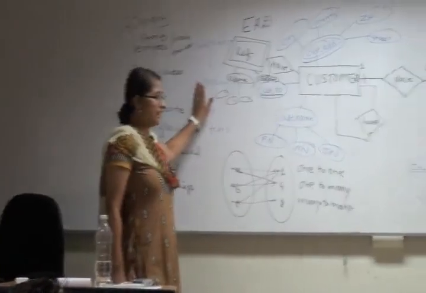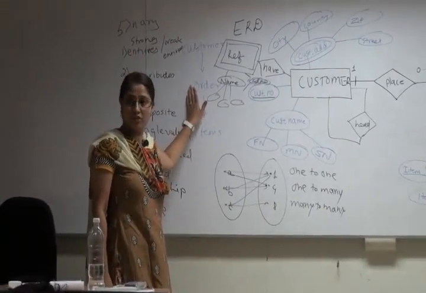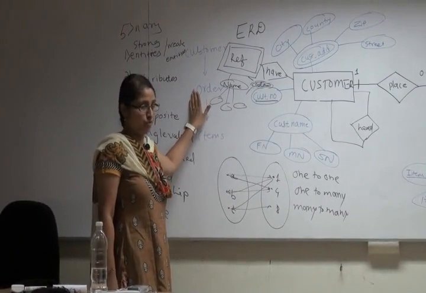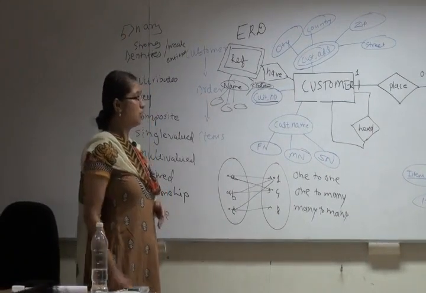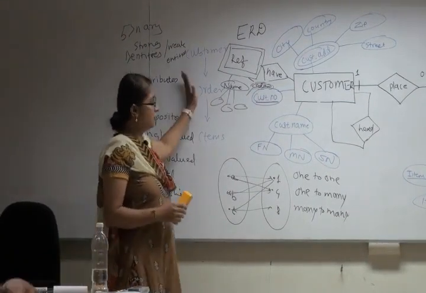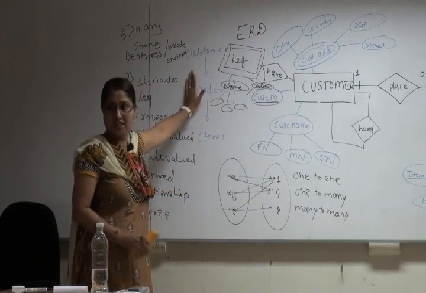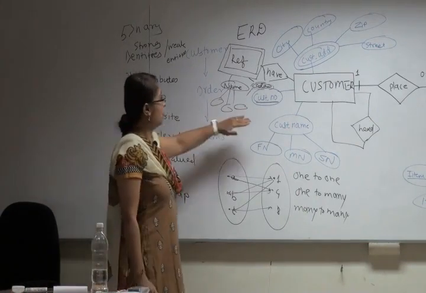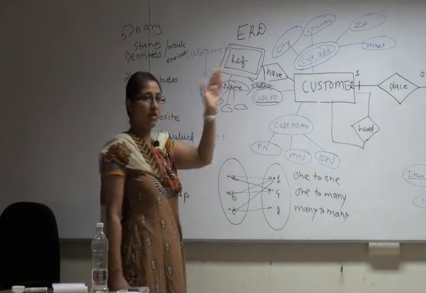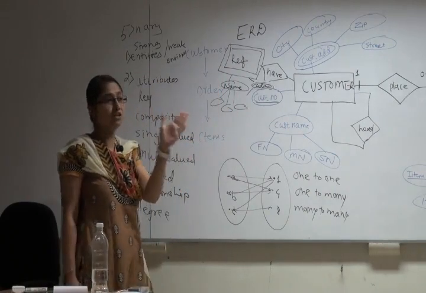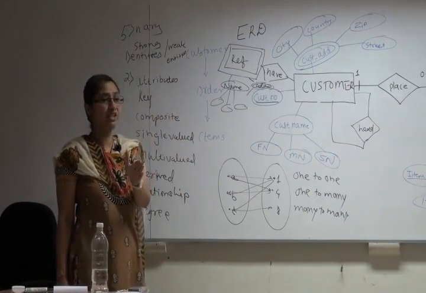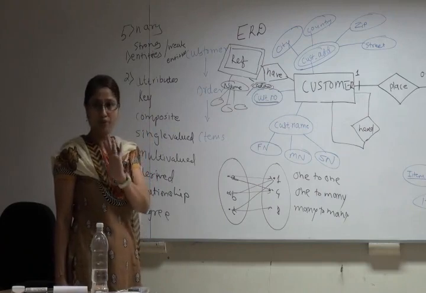So now for this same system, we will go for the normalization process, right? There are different ways to go for a normalization. One is the way from ER to normalization, that is the ER diagram to relational mapping you can do.